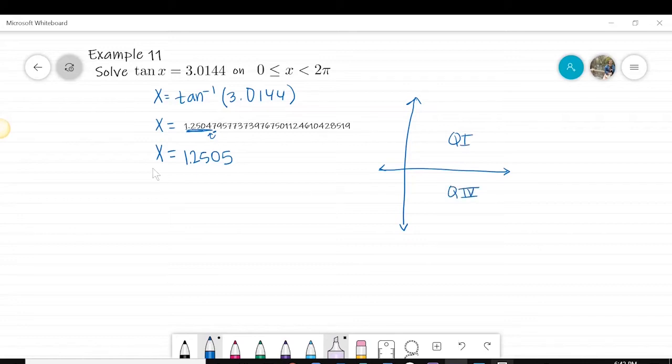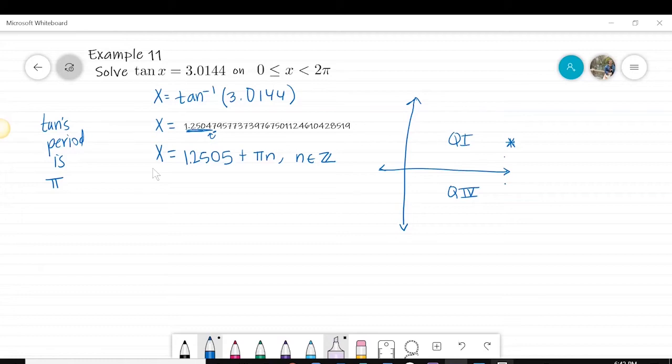The other thing I want to point out is that tangent's period is pi. So this right here is going to require plus pi n for some n that's an integer. And this over here is going to tell us that there could be more answers, right? Because tangent inverse only fell in one of 2 quadrants.